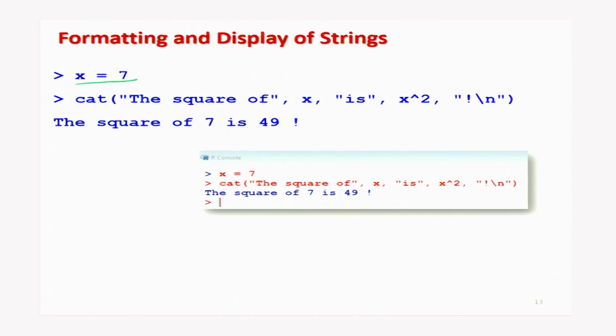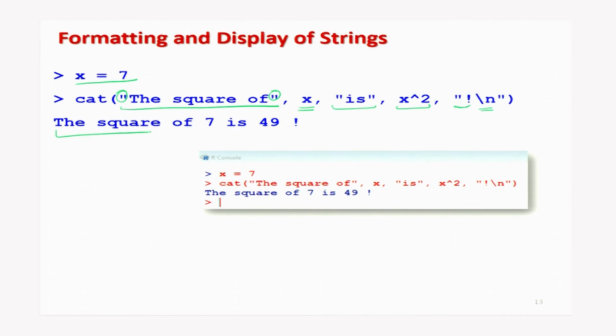So I write down here "the square of", and this is a string, so I write it within the double quotes. Then I want to write the number, which number? I write here x, and then within the double quotes, and then whatever is the square of x, which is x square, I write mathematically, say x^2, and after this I want to write an exclamation sign and then the next line. So if you execute it, now you can see what is happening.